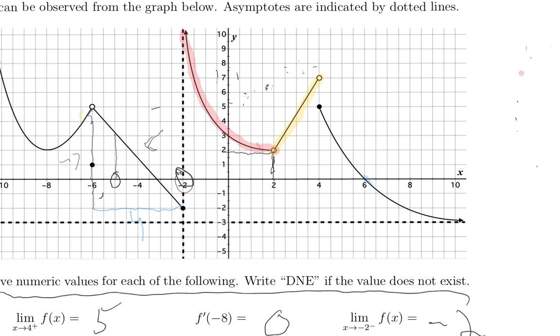And what do you know? They're meeting at the same point, and it's that 2. Note, once again, we don't actually have a defined value there, but that's okay because we're just talking about what value it's approaching. It's a limit.